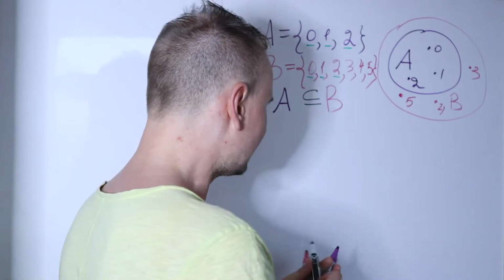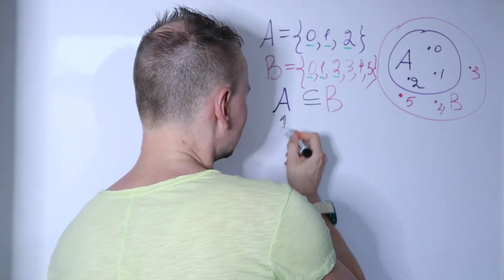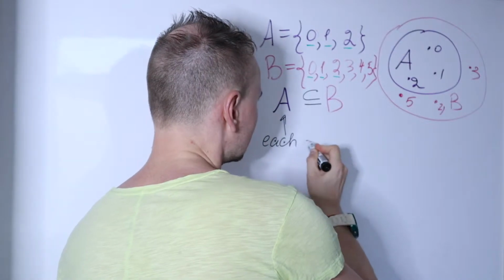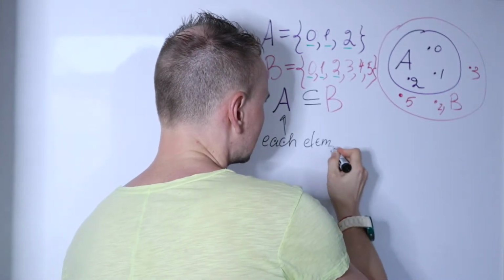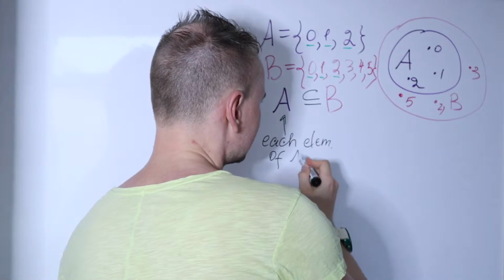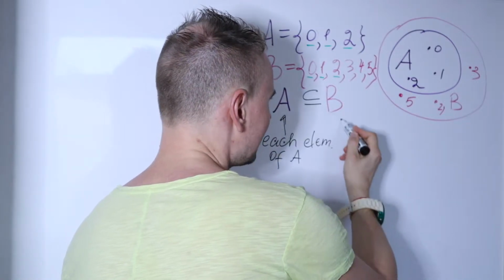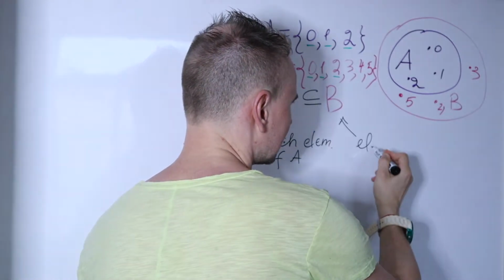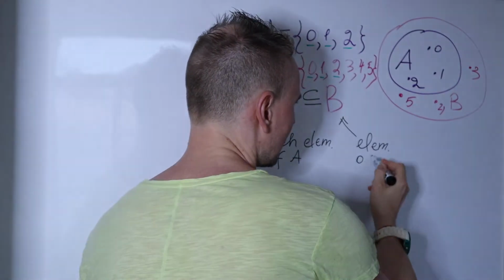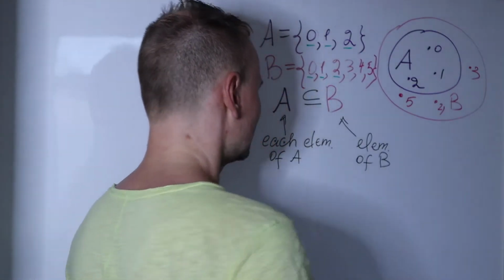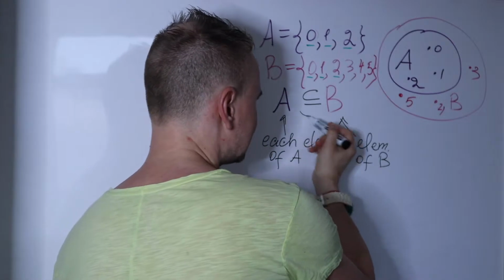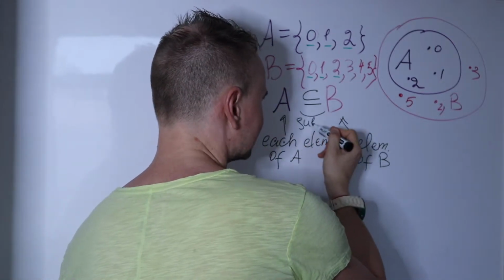So again, by definition, each element of A is an element of set B, and this is the symbol for subset.